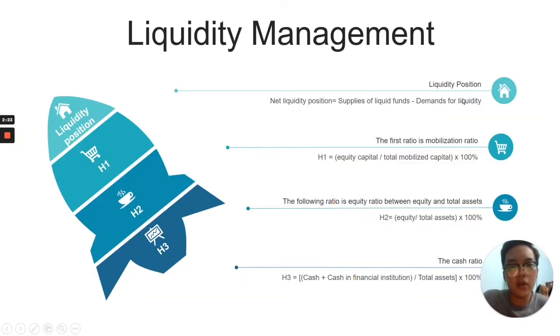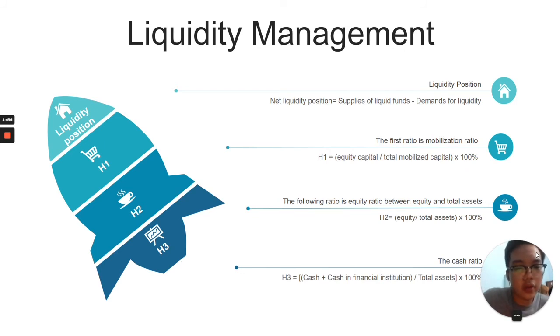And for liquidity management, the liquidity position is equal to the supply of liquid funds minus the demand for liquidity. The first ratio, the mobilization ratio, is the H1 ratio, equal to equity capital divided by total mobilized capital times 100%.